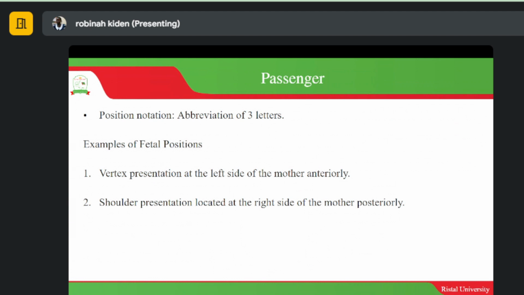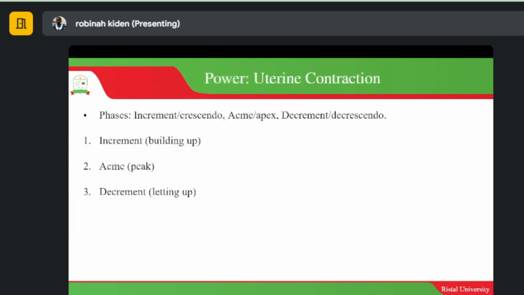So if the posterior fontanelle is felt on the left side of the mother, then we say the position of the baby is left. If it's on the right, then it is on the right. Then shoulder presentation located at the right side of the mother posteriorly. So the shoulder presentation is likely to happen on the right side of the mother, whereas the vertex presentation is likely to happen on the left.